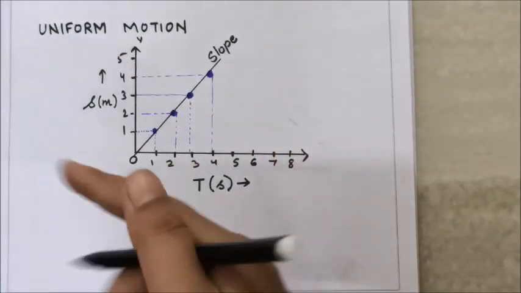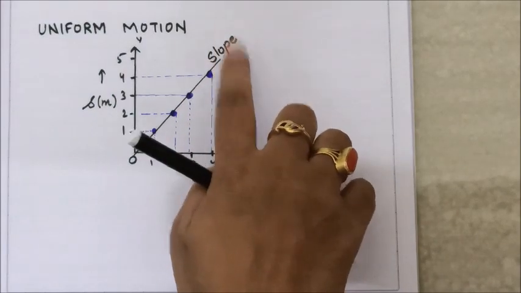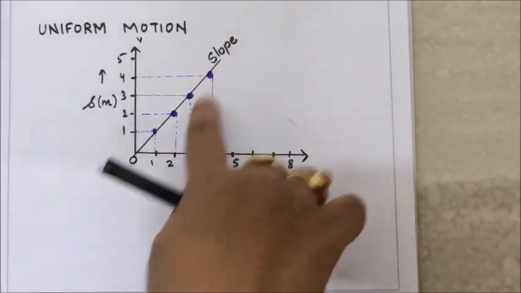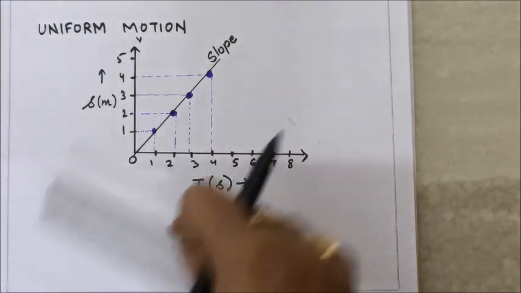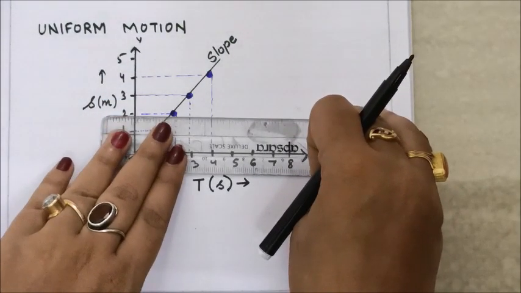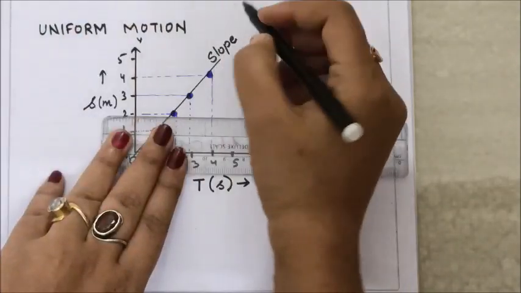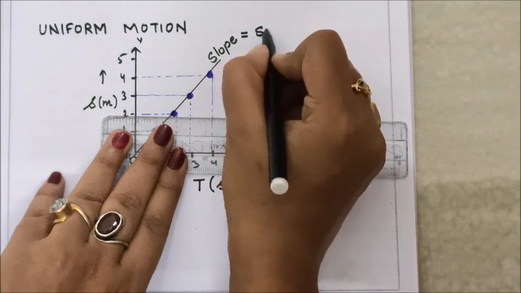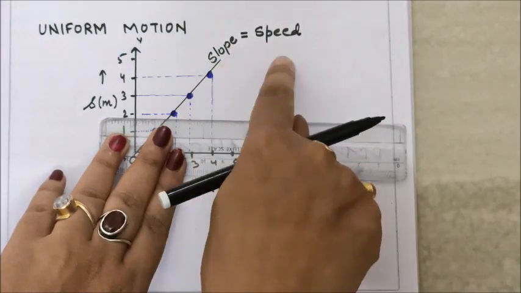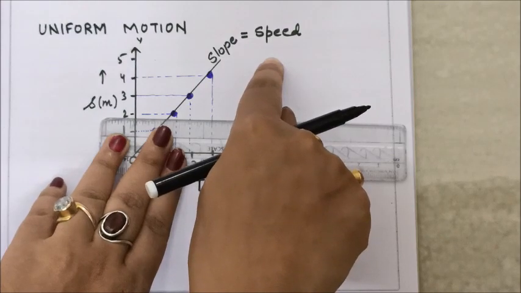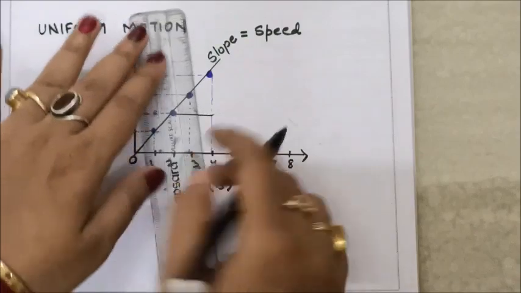We are trying to calculate the value for the slope and not the actual length of the slope. So no Pythagoras theorem will be used in it. So to determine the slope, and the slope in a distance time graph for a uniform motion tells us about the speed. So the slope, if I calculate, it will actually tell me about the speed of the object. So I need to take 2 points and make a right angle triangle.